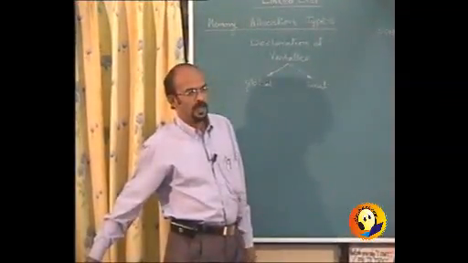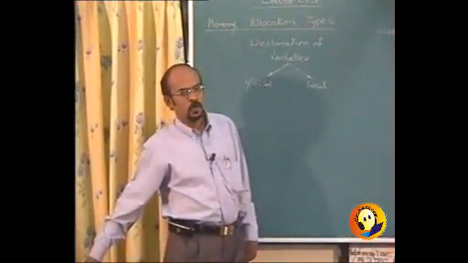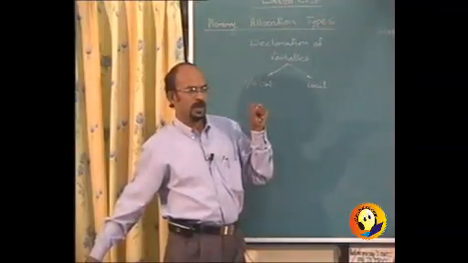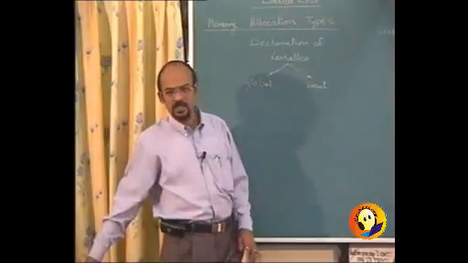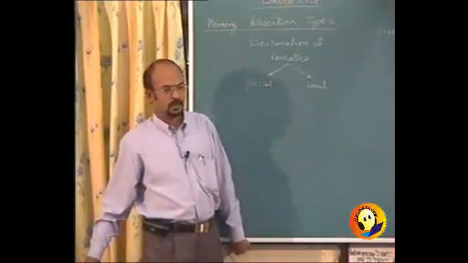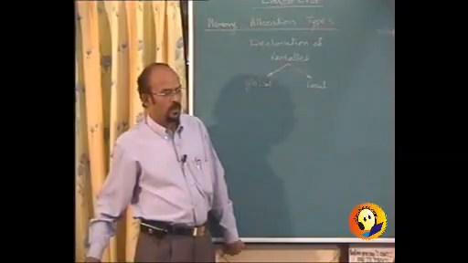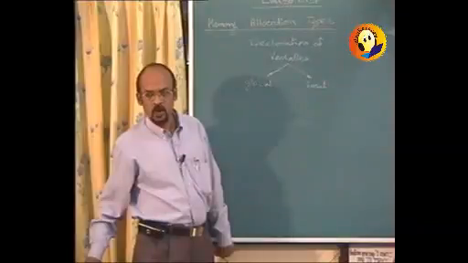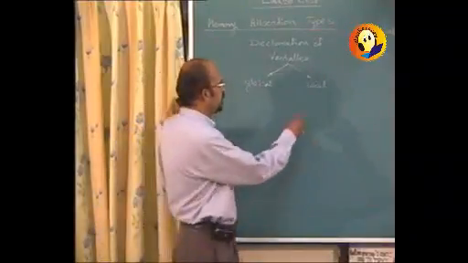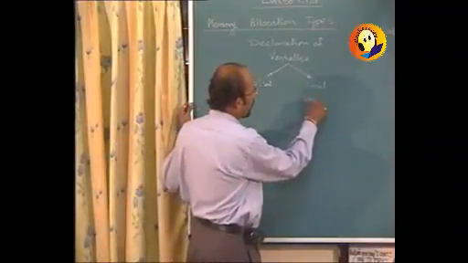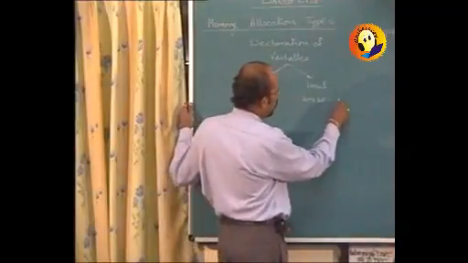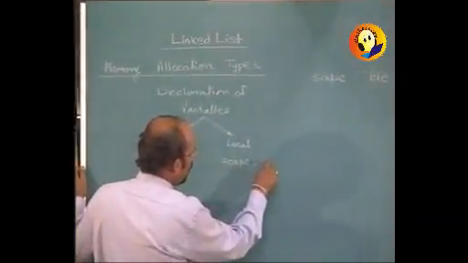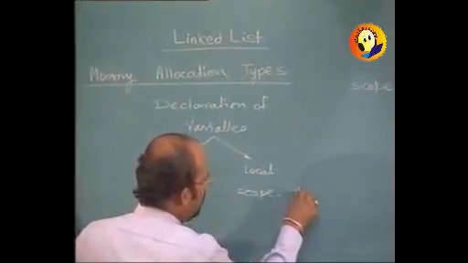No. Actually, when we say scope, it is the group of the statements which are in that function. That is, from the opening curly bracket to the closing curly bracket will be the scope of the function. So the scope of the variables which are declared locally will be restricted to that function.